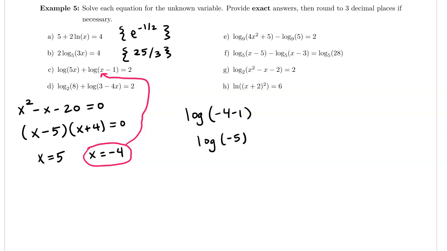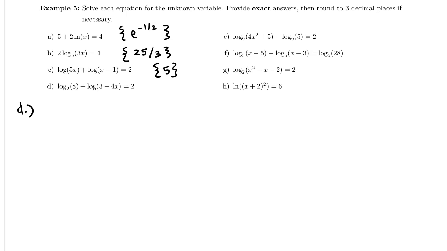Remember, we cannot take the logarithm of 0, and we also cannot take the logarithm of negative numbers, which means this thing here is an extraneous solution. So for part C, our final answer is just 5.